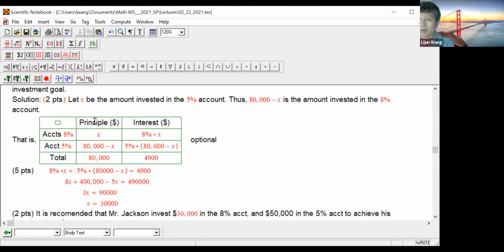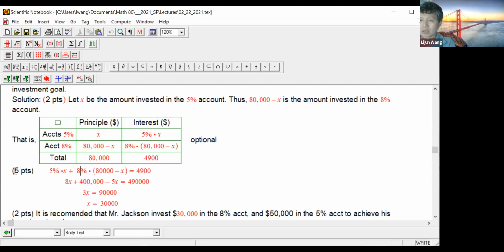If you look at the table, right? If this is the 5% and this is the 8%, right? So this should be 5% times X, and this should be 8% times the other principal. Do you follow me? So the equation should be 5%, 8%.